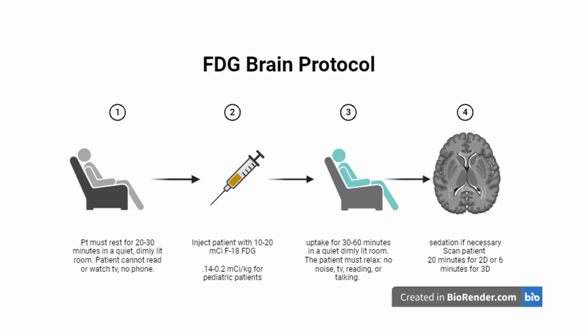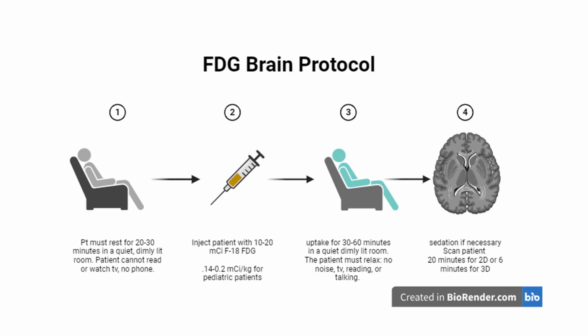when you go to inject them. Inject the patient with about 10 to 20 millicuries of FDG, and then let them sit for another 30 to 60 minutes in that same quiet, dimly lit room. Still not allowed to do anything. We don't want them falling asleep. No noise, no TV, no reading, no talking, no playing on their phone.